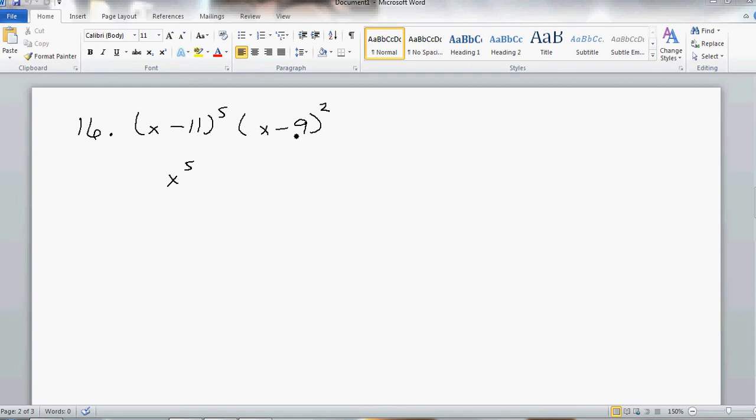Likewise, this only turns into a trinomial, but its highest power is a 2, so it's going to be x squared. Since I'm multiplying, x to the 5th times x squared is x to the 7th. So the power function that resembles it for large values is x to the 7th power.